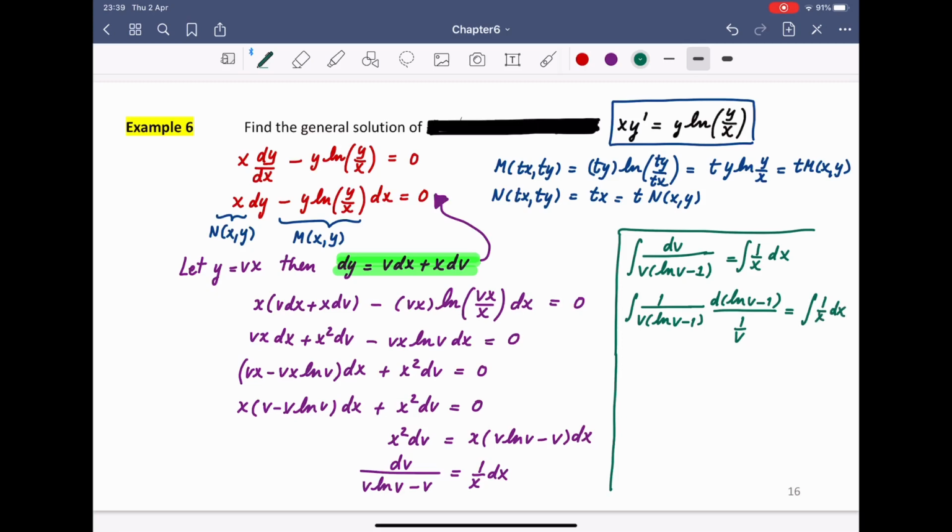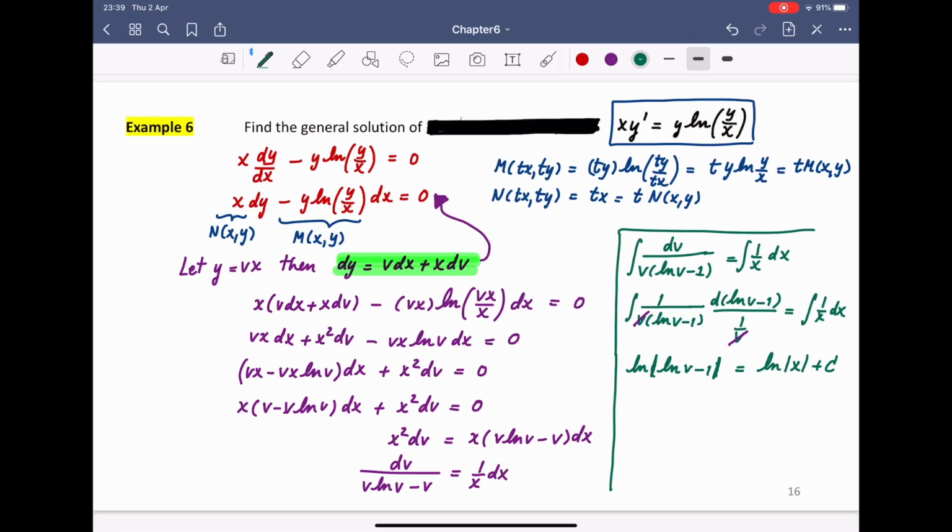Just keep it first, and then now you can see that you have something to cancel, and then that is integrate 1 over u du, so that thing is log of log v minus 1, and then okay, absolute value here, and then equal to log absolute value of x plus c.